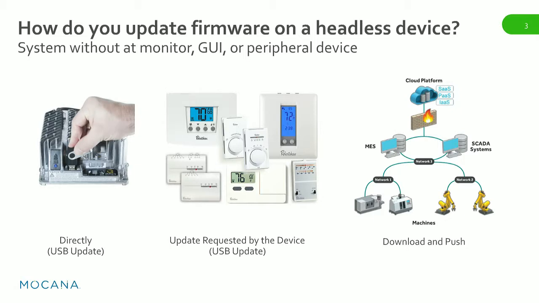Basically, a headless device is an embedded device in the field where there is no human interactivity possible, no keyboard, mouse, monitor. So it's basically an unattended device that has to be updated. The challenge there is how do you get the payload to that device?